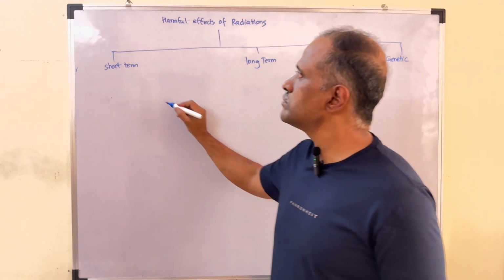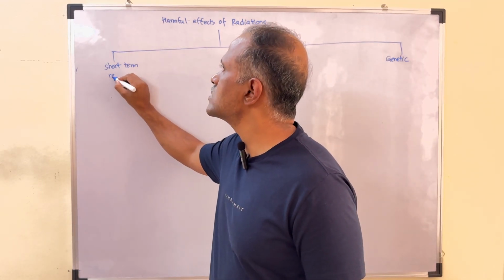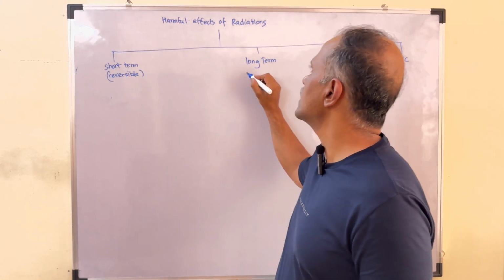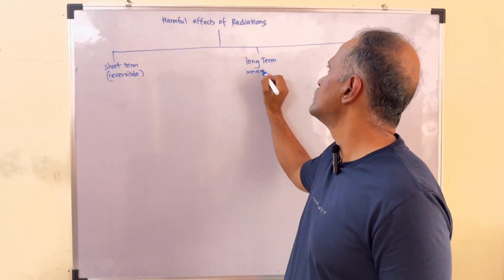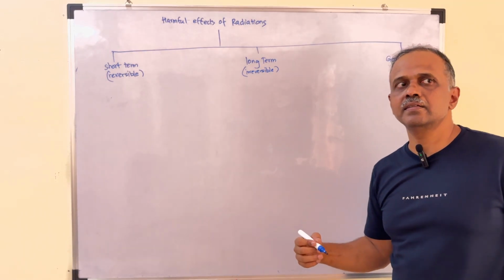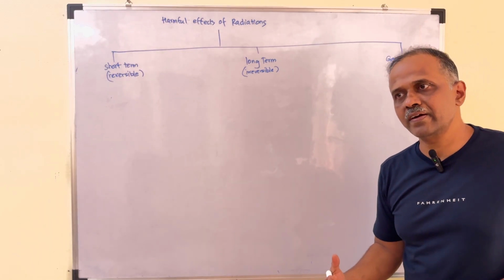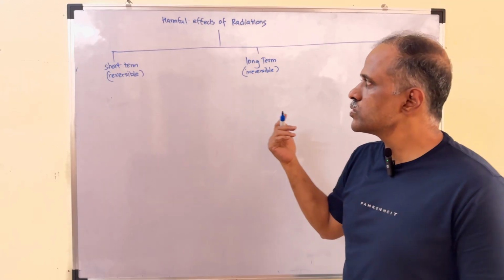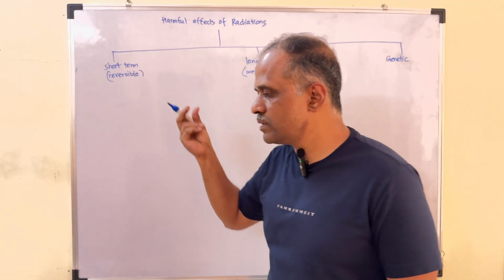Short term means this could be reversible, long term is irreversible, and genetic, that is the gene structure has been modified, so it passes from generation to generation. So short term is reversible.